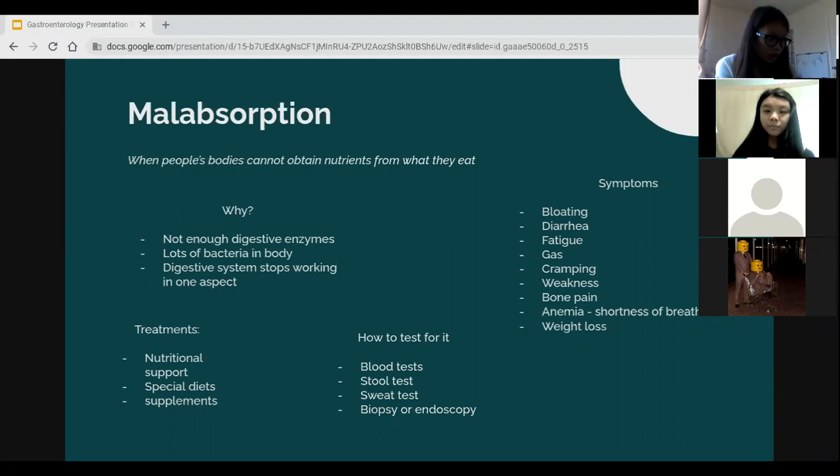So this could include blood tests where they check for nutrients, stool tests where they look for fat in the stool, sweat tests where they can look at your enzymes, and also biopsies and endoscopies where they look at the body and sample material from your body, such as tissue. The course of treatment is extremely broad and it's really dependent on the patient and what the doctor says. But usually this includes some sort of special diet and supplements to make sure that they're getting the right nutrients. And now we'll be moving on to peptic ulcers.